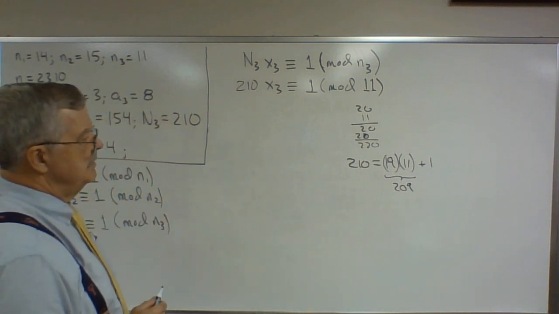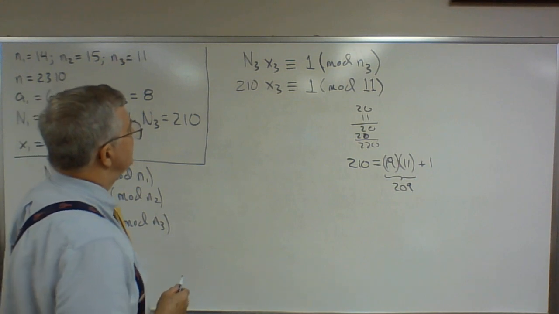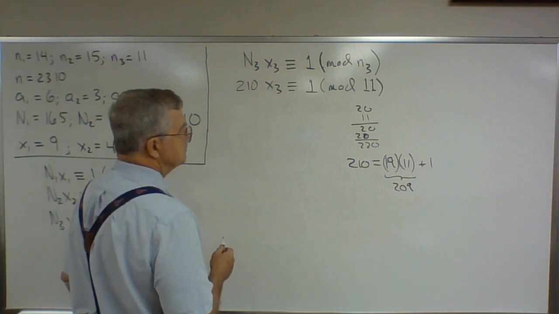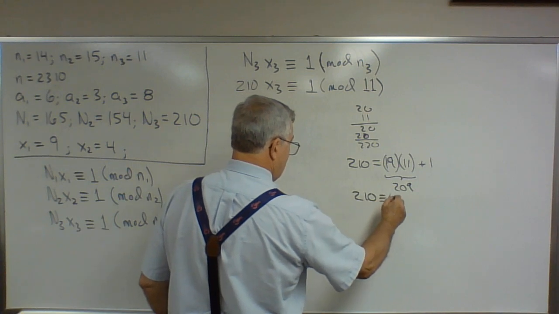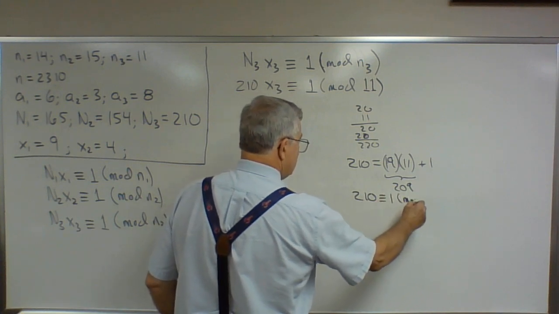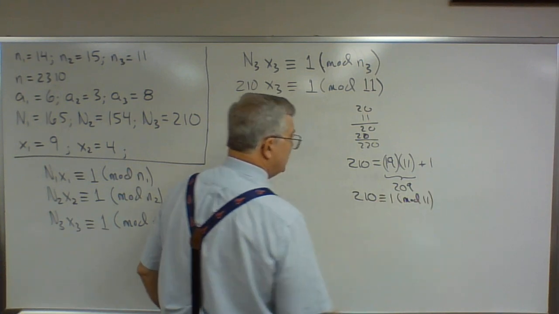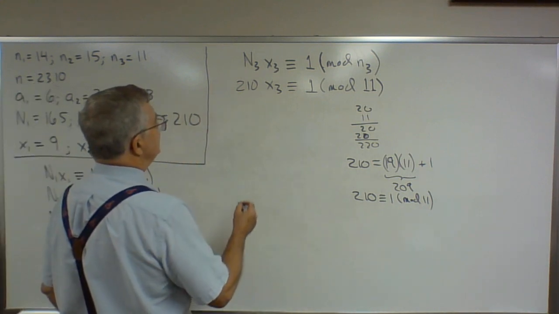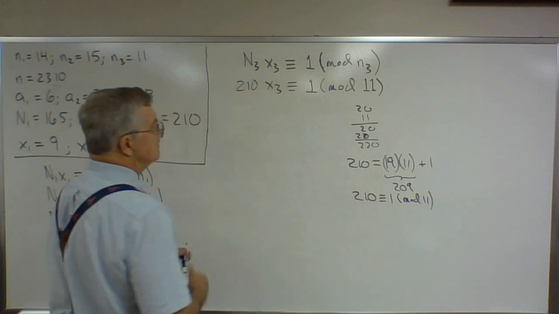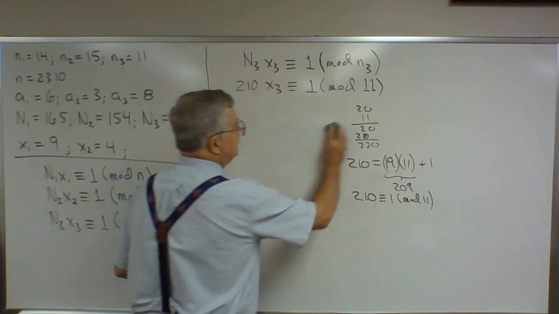Yeah, what do we do here now? Let's see. 210 is congruent to 1 mod 11. Whoa, this is going to be a lot easier than I thought.